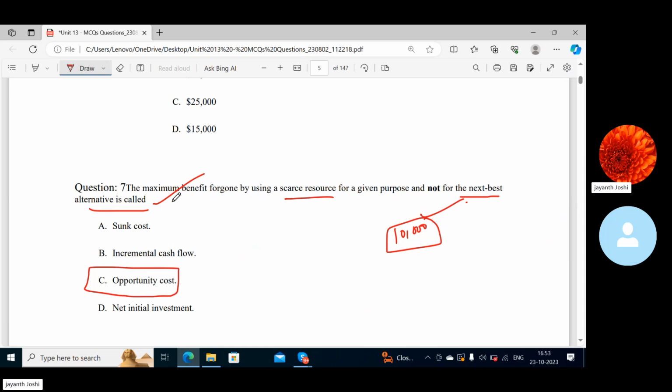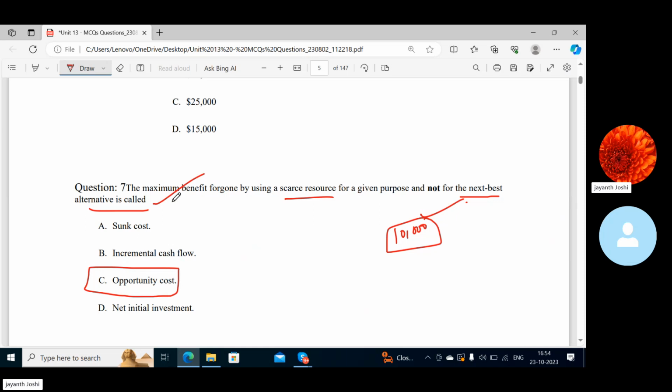That means you have some money, let's say 10,000. You want to spend it, and you want to take maximum benefit of this. If you are foregoing some benefit, it is not the next best alternative. So what happens in capital budgeting? The most basic application of this concept is the desire to place the company's limited funds in the most promising capital projects. Whatever money you have, you put it on the best one.